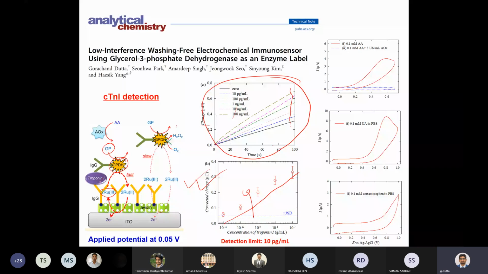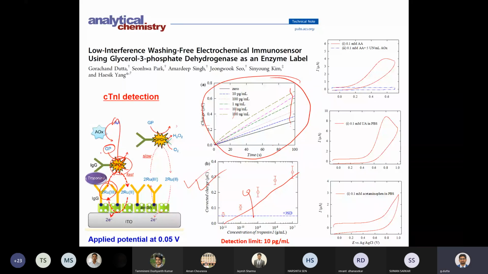If you have target, then GPDH will be close to the surface or immobilized on the surface, right? So signal means GP, GPDH, and ruthenium, all the chemicals will be involved. And background means GPDH will not be there, or will not be close to the surface. So basically GP and ruthenium take part in the background. If there is no target, GPDH will not be on the surface.